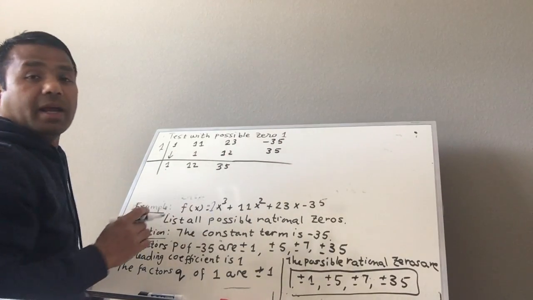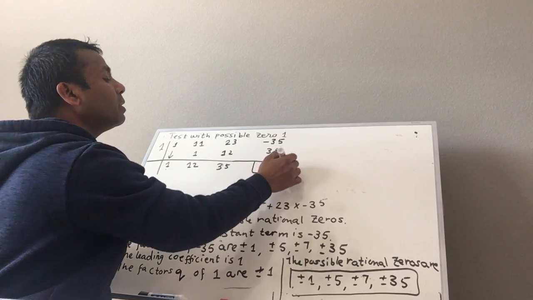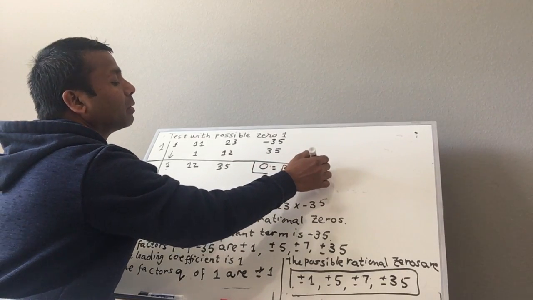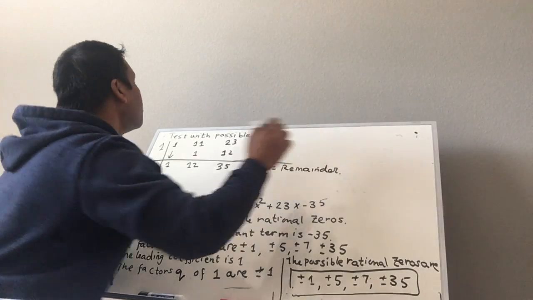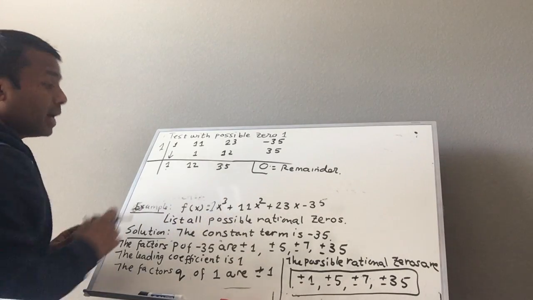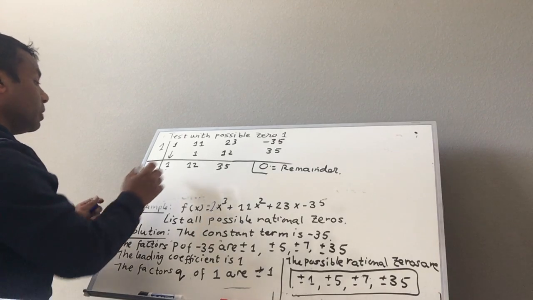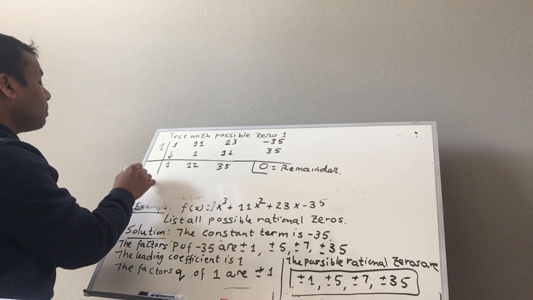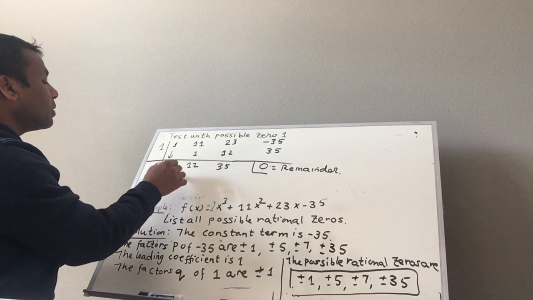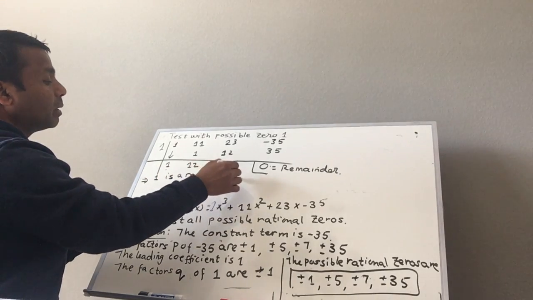If we combine negative 35 with positive 35, you get 0. This is the remainder. So that means 1 is a rational zero.